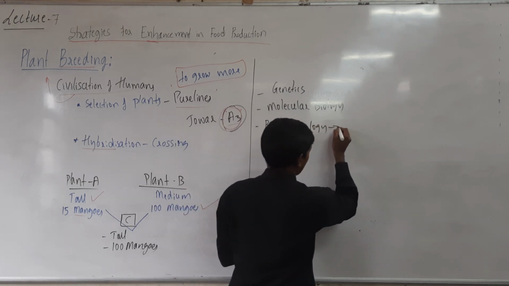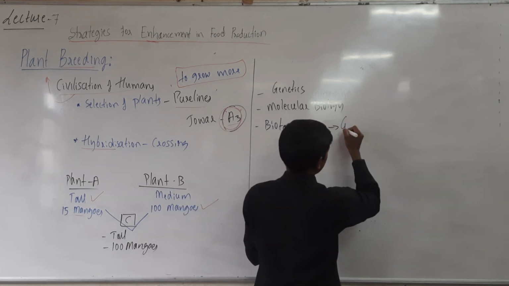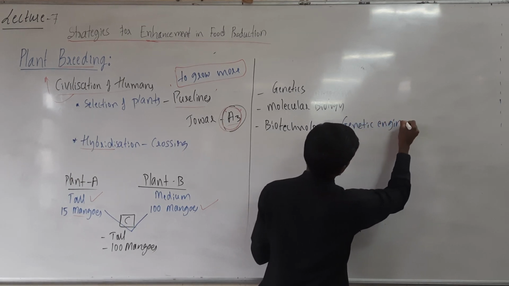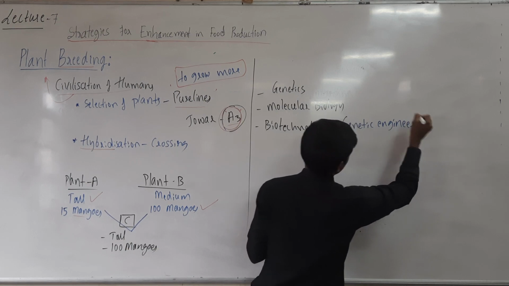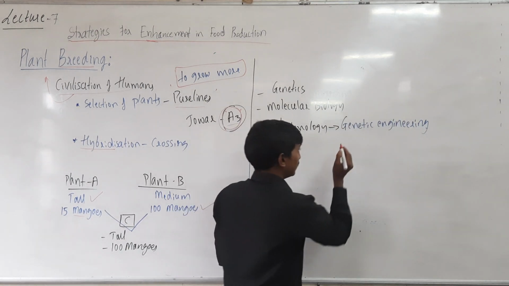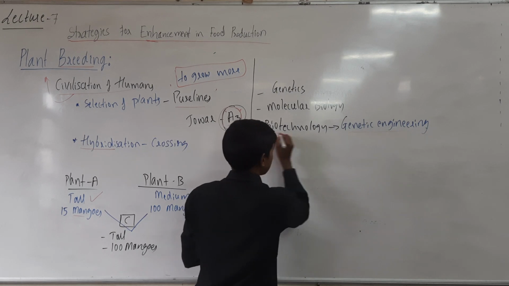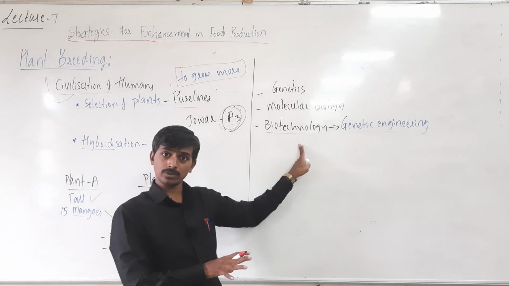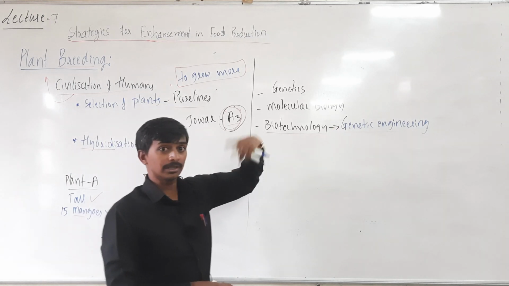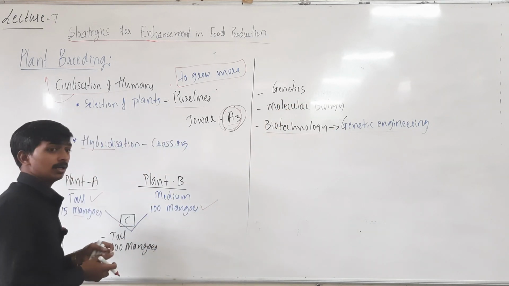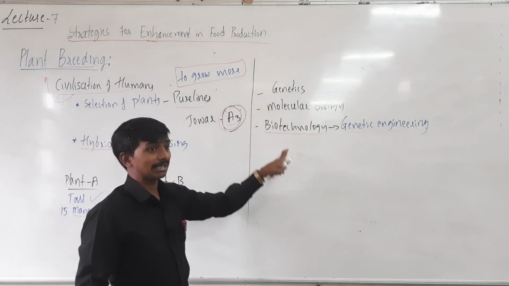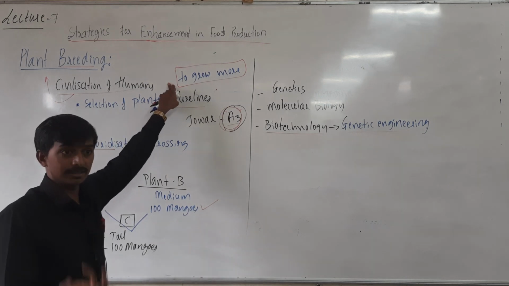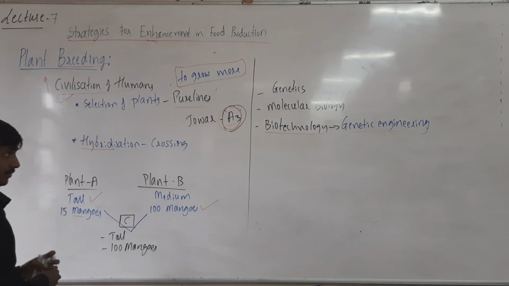Biotechnology, that is what we call genetic engineering. Remember, we will discuss this concept in the next chapter. We have the next chapter, that is biotechnology itself. Okay, we will discuss this technique in detail in the next chapter. So, by using various modern techniques, nowadays the food production is increased. Food production is increased. Right.